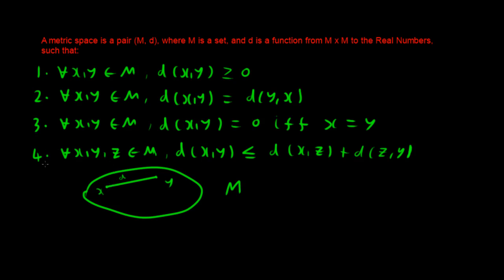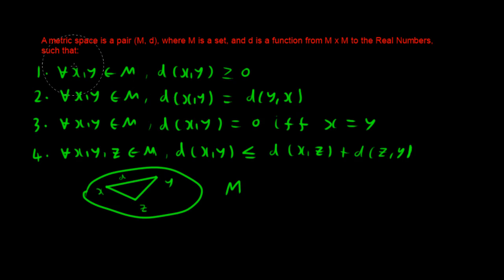And condition number 4 is if you have a third point, z, then going from x to z and then to y is going to take you longer than going just straight to y from x. So that's essentially the triangle inequality in a more abstract form.